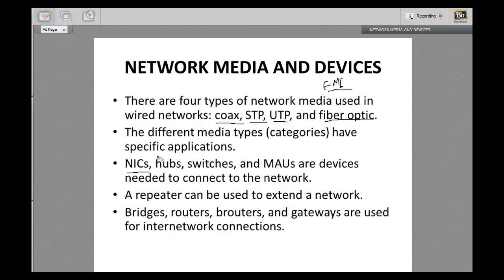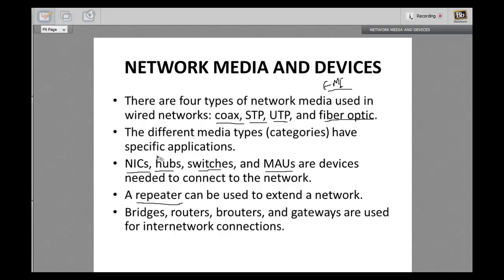We also have hubs, switches, and multi-station access units. They all are used as devices inside the network. And we should know the differences between a hub, switch, and repeater.